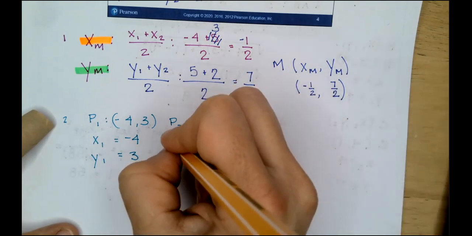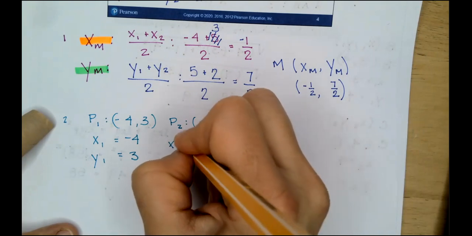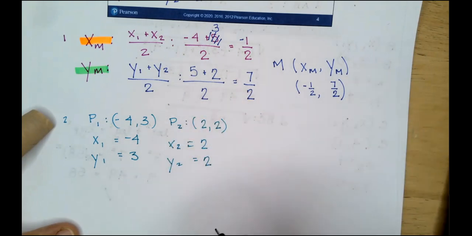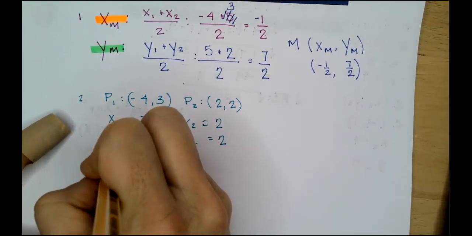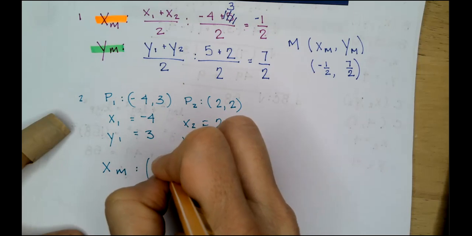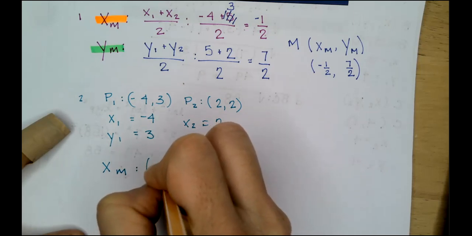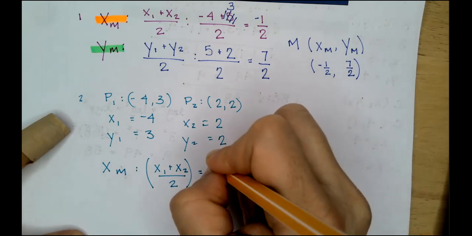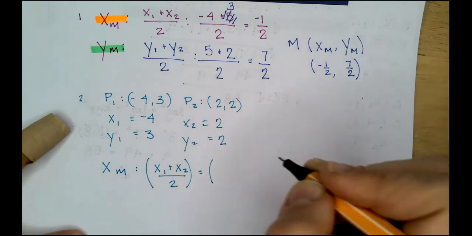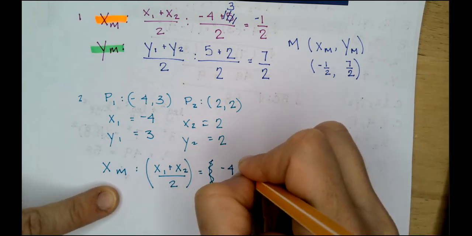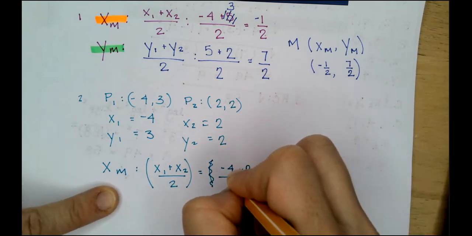So my x2 is 2, and my y2 is also 2. So the x value of my midpoint is going to be x1 plus x2, which is, I don't need parentheses, -4 and 2 over 2.